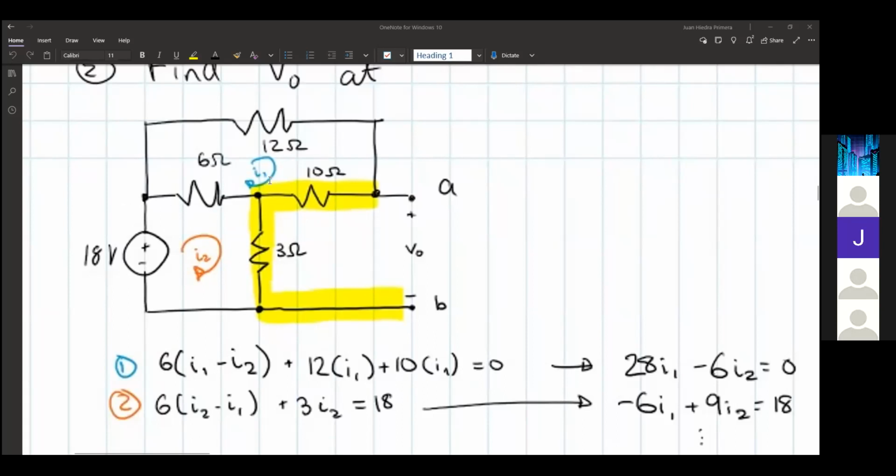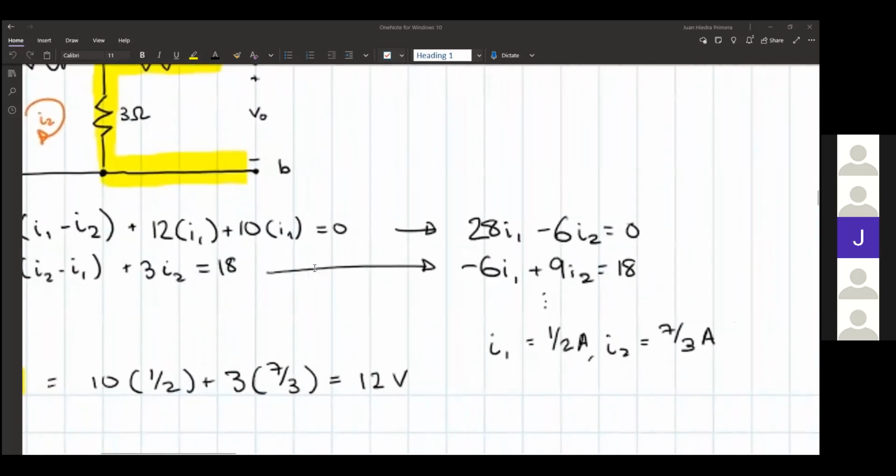So net 0 voltage. And for the second loop, 6 times (I2 minus I1), since now we're looking in the direction of current 1, plus the 3 ohm resistor times I2 equals 18 volts, since those are the ones coming from the source.